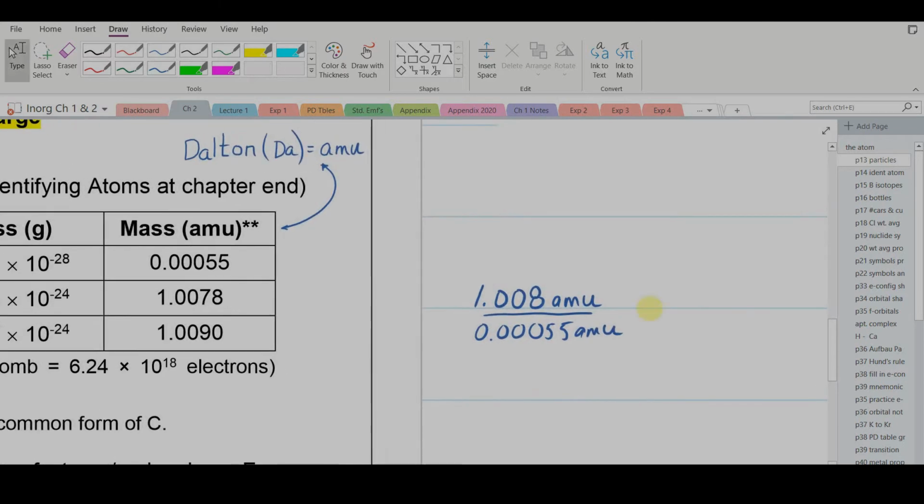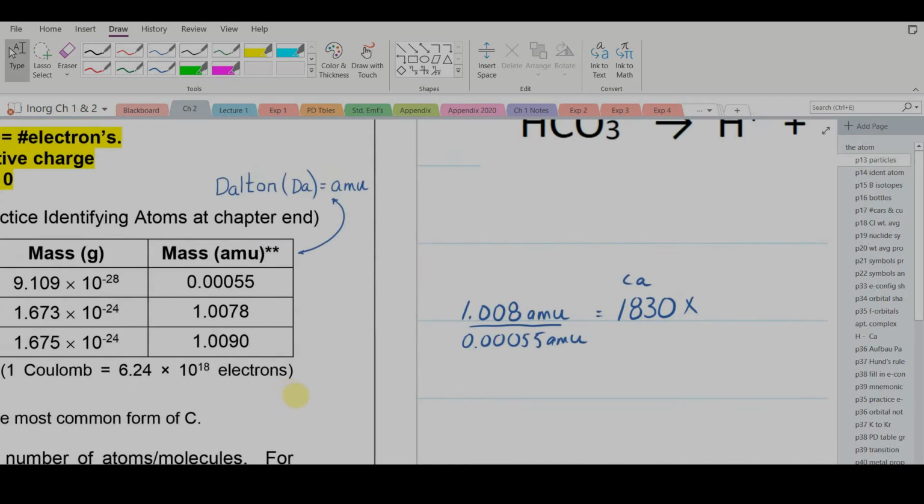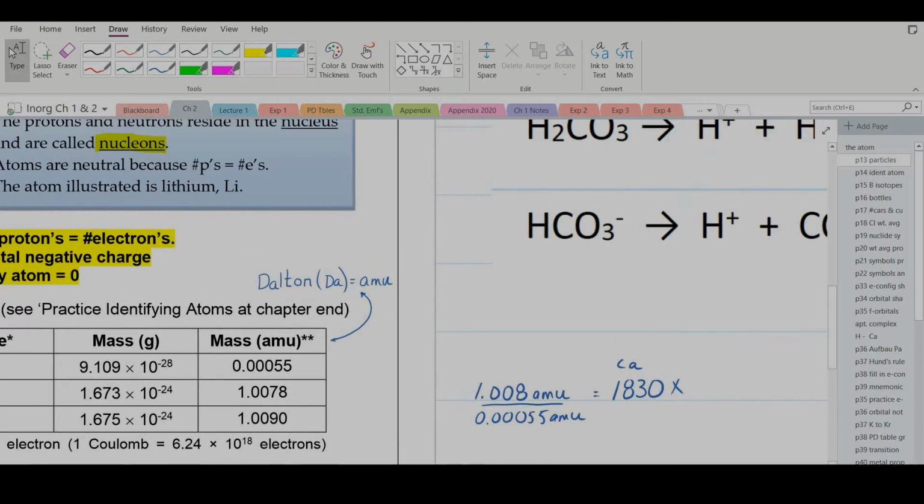And we see that the ratio is approximately 1830 times. So protons and neutrons are almost 2,000 times heavier than an electron, which really speaks to the idea that most of the mass of an atom is in the nucleus.